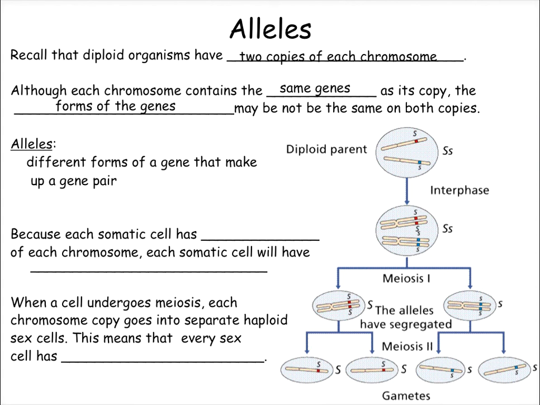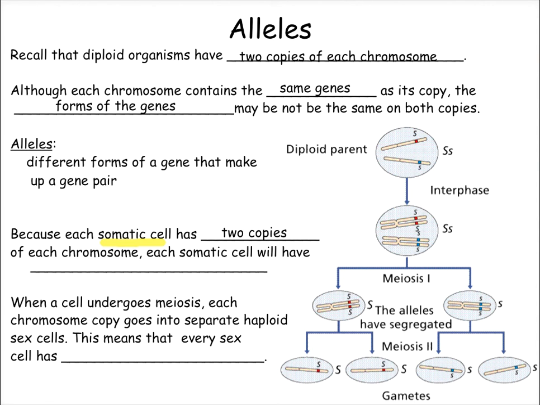Now, to review what that means for us, because each somatic cell in the body, remember somatic cells are your body cells, remember that they're diploid, so because they're diploid, they have two copies of each chromosome.